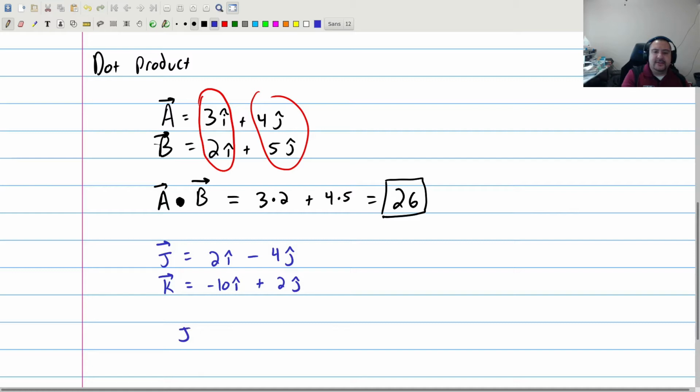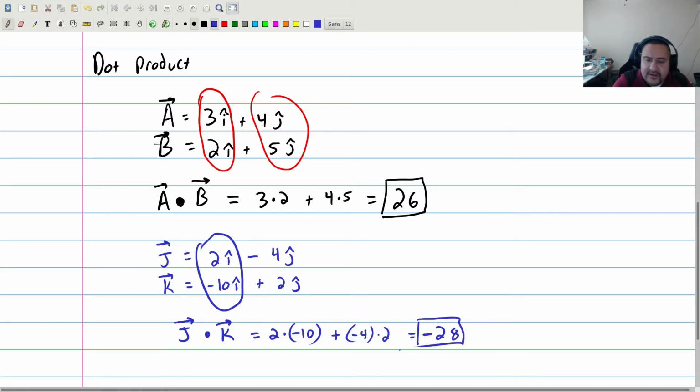And what happens if we do J vector dot product K vector? So this is going to be equal to, again, we're going to start off by multiplying the pieces that are in the same direction. So it's 2 times negative 10 plus negative 4 times 2. 2 times negative 10 is negative 20. Negative 4 times 2 is negative 8. So this is negative 28.